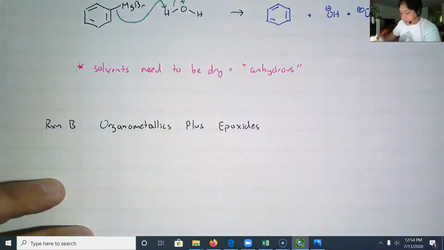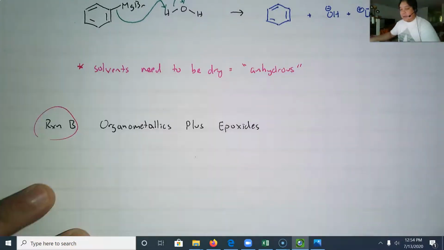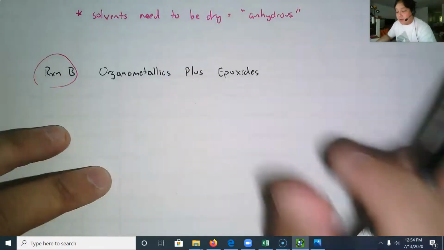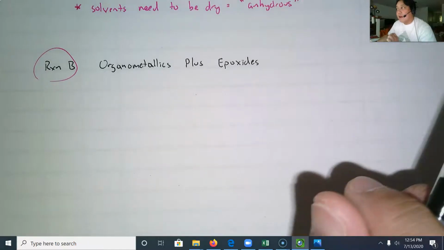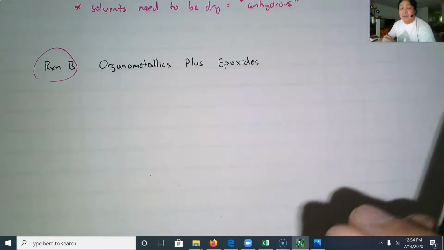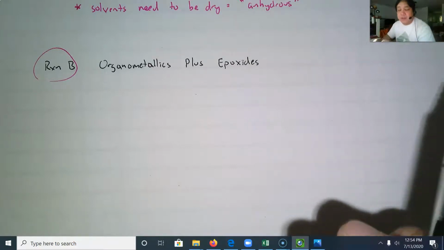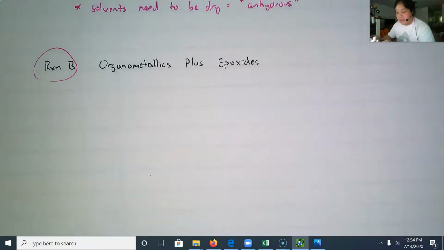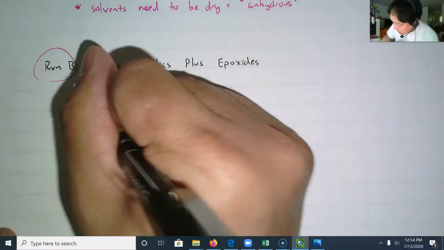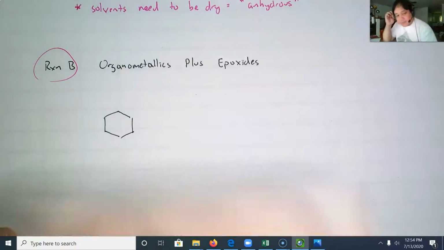Right away, we're going to start with an epoxide that has stereochemistry. Now, in unit 1, when we talked about alcohols, ethers, and epoxides, you learned that there are different ways that you could open up the epoxide.